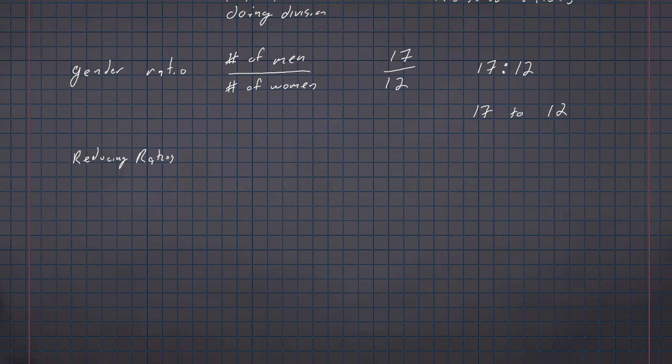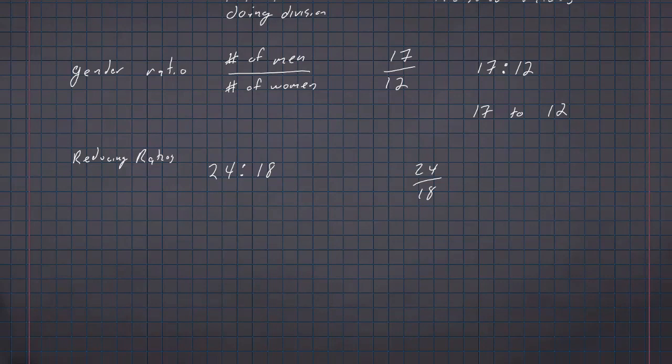Just like with fractions, when you're dealing with ratios, there are going to be times when it is worth taking the time to reduce the ratio. The ratio 17 to 12 does not reduce, but if we had a slightly different ratio here, let's take a look at the ratio of 24 to 18. I can think of this ratio as the fraction 24 over 18.